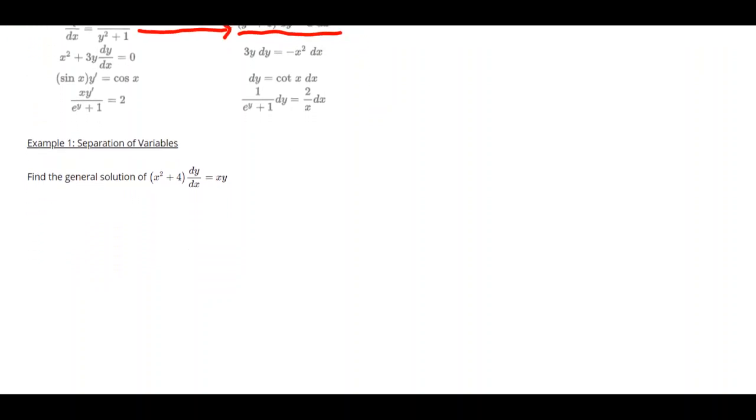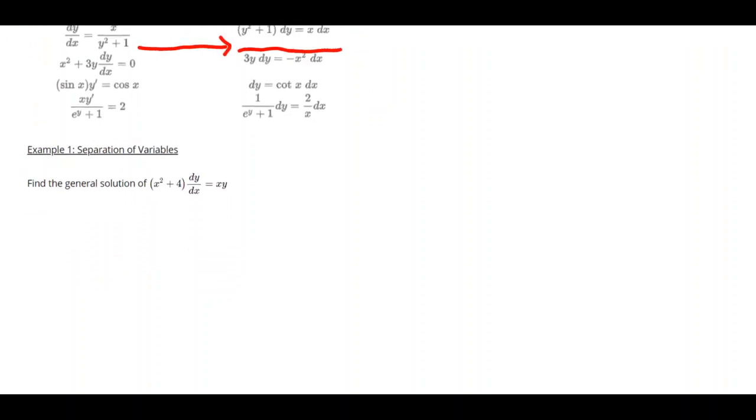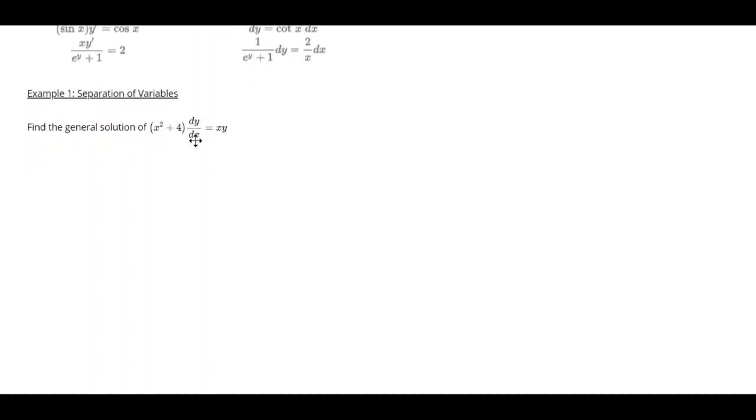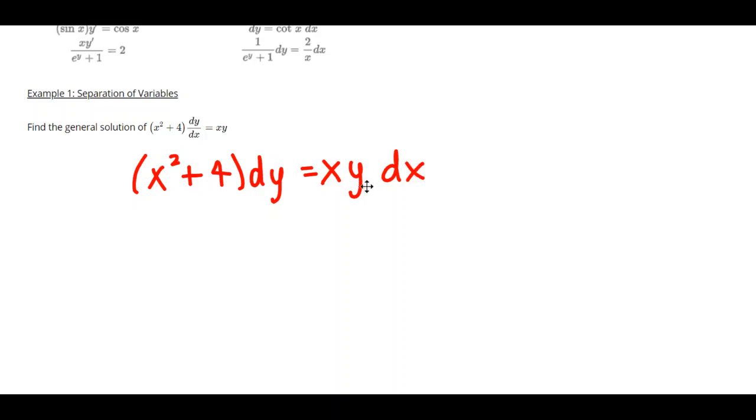Once we have it rewritten, we want to find the general equation. So we're going to find the general solution of this example here by using separation. What I want to do is move the dx over first. So we get x squared plus 4 dy equals xy dx.